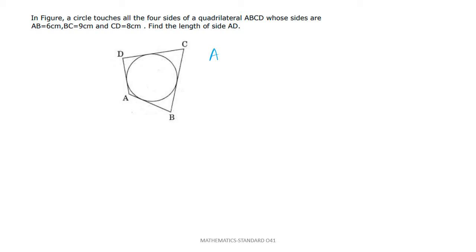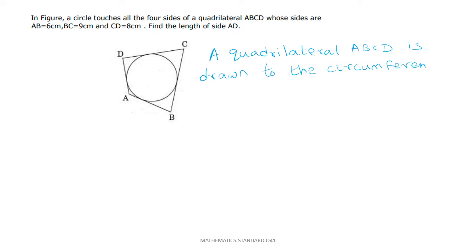So what is given here? Quadrilateral ABCD is drawn to the circumference of the circle. If you say it in a mathematical way, we have to use these words only.